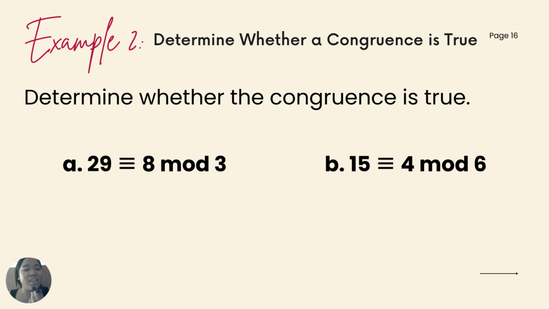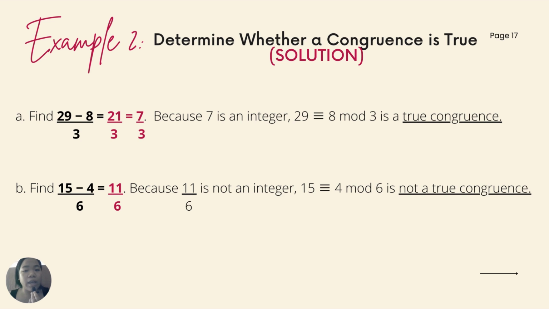Okay? So ang letter A, let us determine whether the congruence is true. So 29 is congruent to 8 mod 3. What will be the answer? Ari ang solusyon.